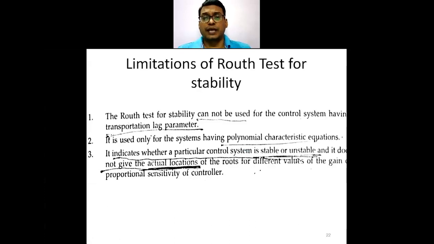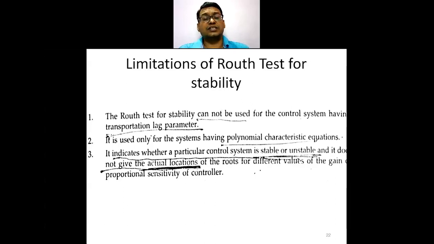The limitation of the Routh test for stability is that it cannot be used for transportation lag parameters. It is used only for systems having polynomial characteristic equations, and it gives only the stability or instability, whether the system is stable or unstable, but it does not tell about the actual location of the roots.